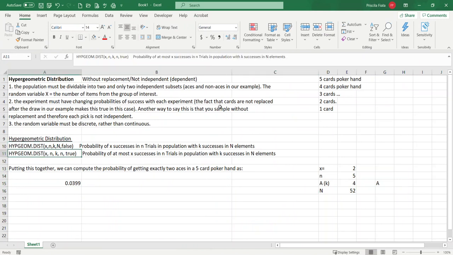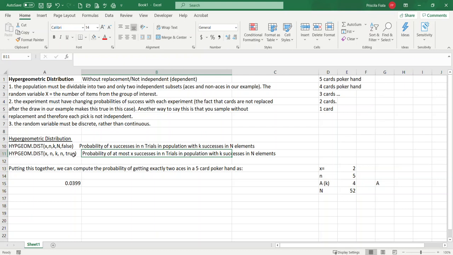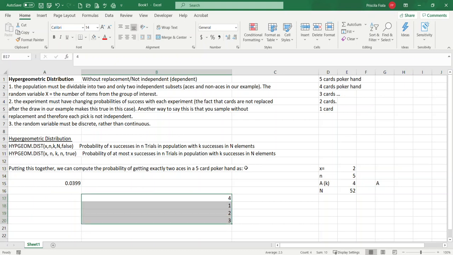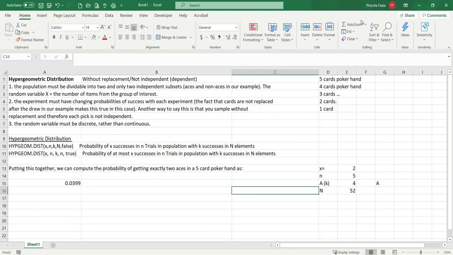If you modify the problem and say you want a probability of at least or at most: if it was at least, you would do 1 minus the probability of at most, and if it was at most, then you have to use true to do the cumulative. But if it tells you at most 4, you do just 1, 2, 3 values, not 4, so you don't include 4.